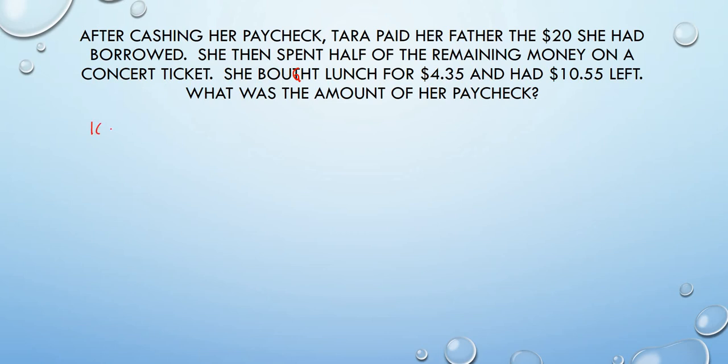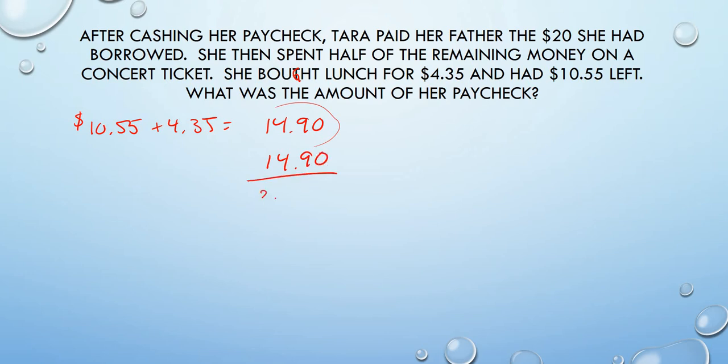So she ended with $10.55. We know she bought lunch, so if I add that back in, now I know that she had $14.90 before she bought her concert ticket. Well, if she had spent half of what she had on a concert ticket, and this is what she had left, before she bought the ticket, she had twice as much.